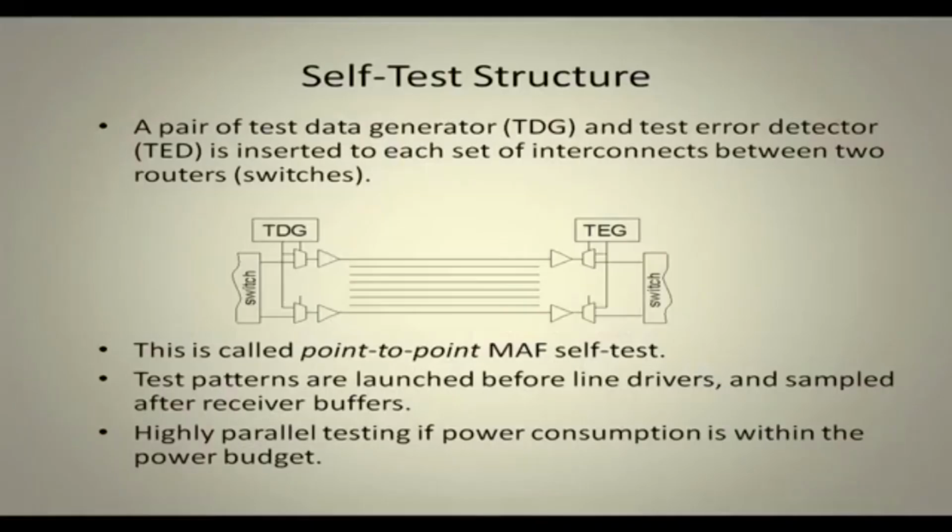If the power consumption can be tolerated, then all the interconnects in the NOC can be tested in parallel. However, that may not be the case, and we have to do that in groups. Maybe we do testing for a part of the interconnects, and then repeat it for another part. That way it can be done.